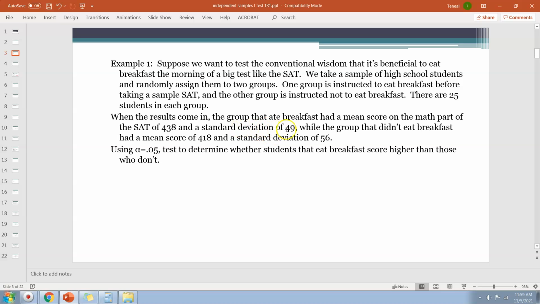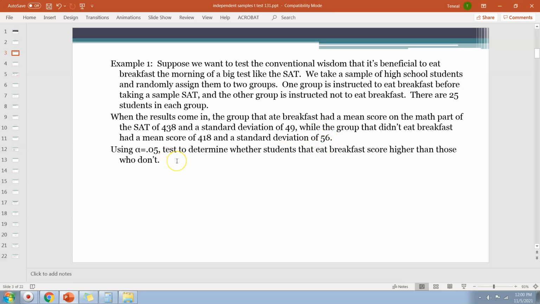And we look at the results, and we find out that the group that ate breakfast had a mean score of 438 with a standard deviation of 49, and the group that didn't had a mean score on the math part of the SAT of 418 with a standard deviation of 56.